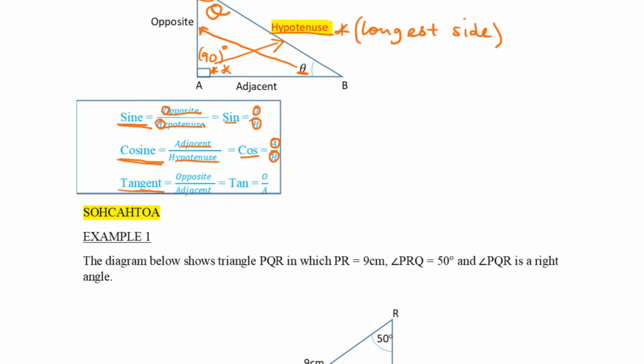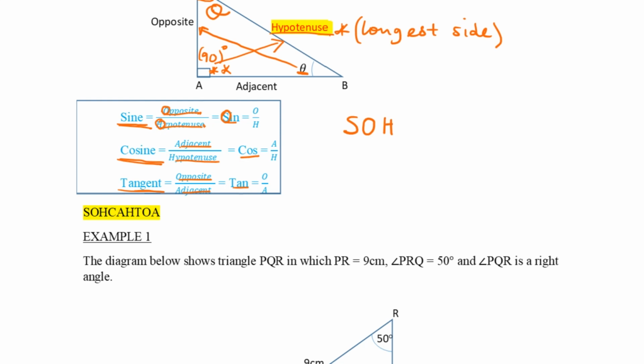For the tangent, we are saying it's also opposite over the adjacent, and in short form we say tan is equal to opposite over adjacent. Okay, from there, for the sake of easy memorization, if we get S from sine, then S is in terms of the opposite over the hypotenuse.